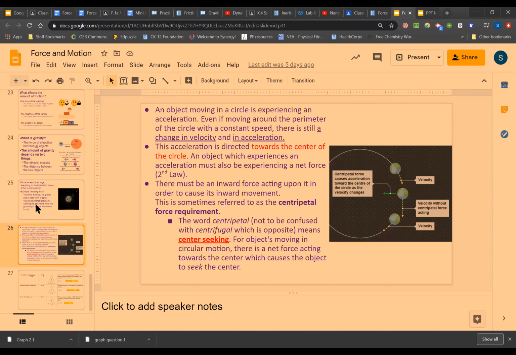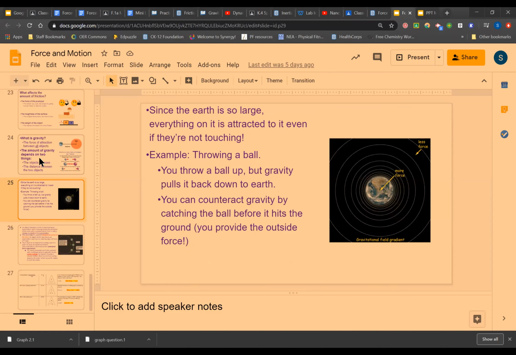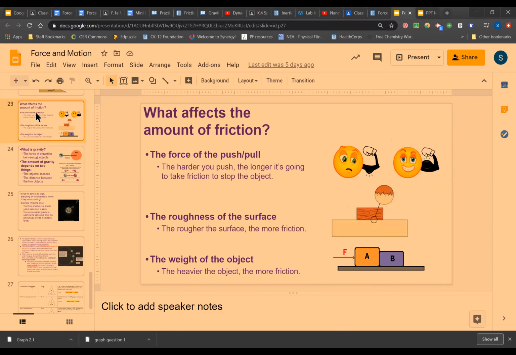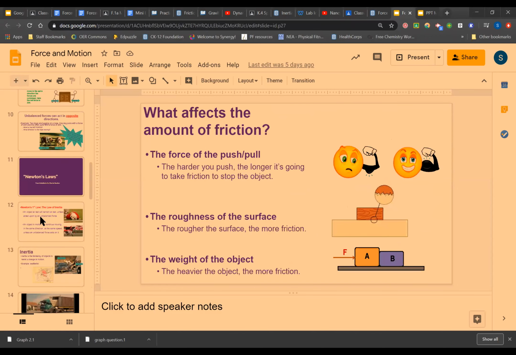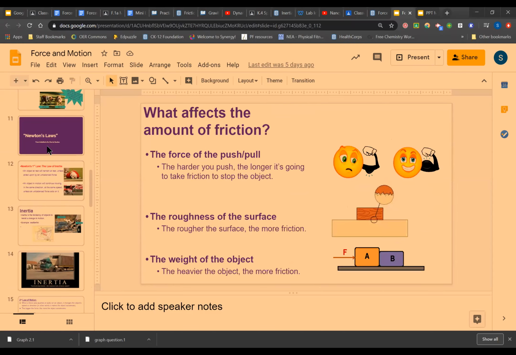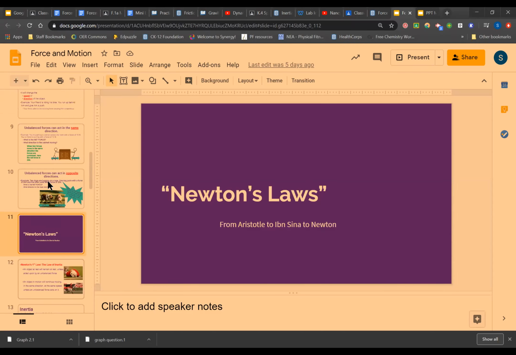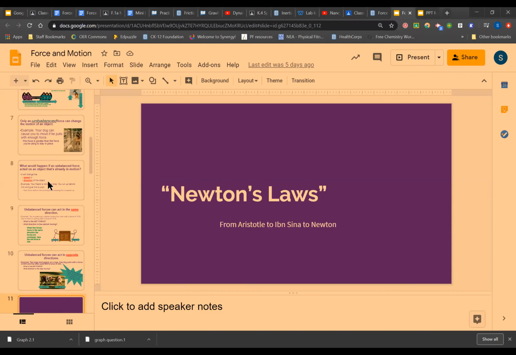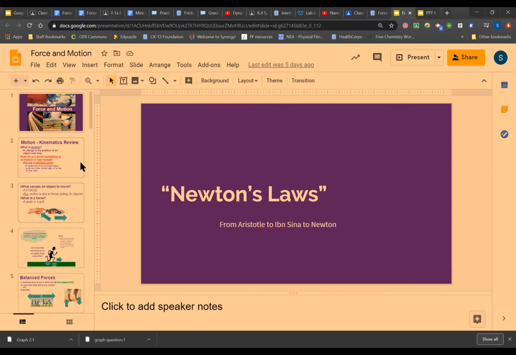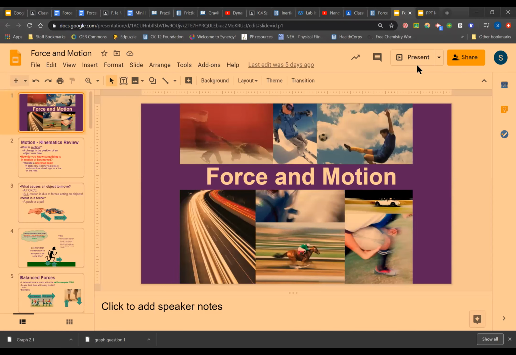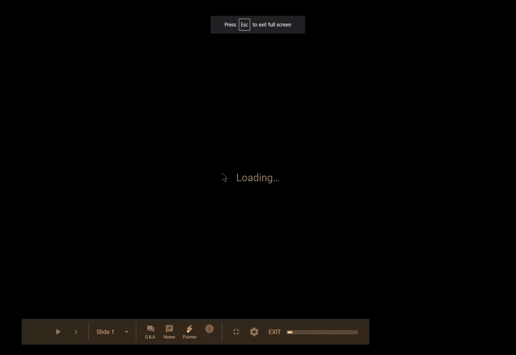There'll be readings and videos as well. This is a unit where we could start with types of forces and then work our way back to Newton, or start with Newton and work our way to forces. They all interrelate with each other, but I think this is a nice progression. We'll just start with the concept and idea of force and motion.